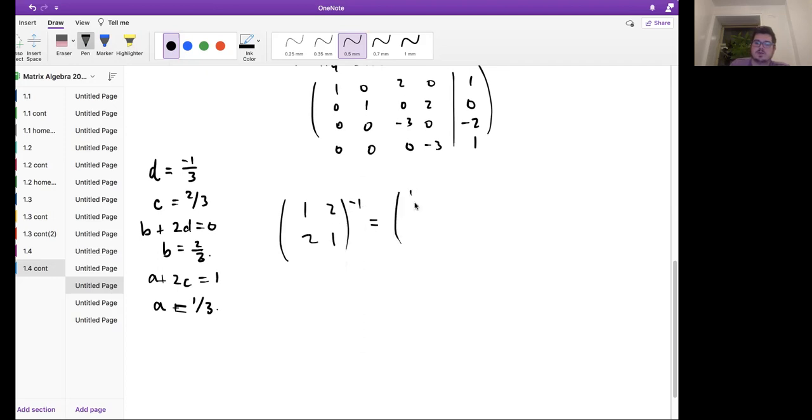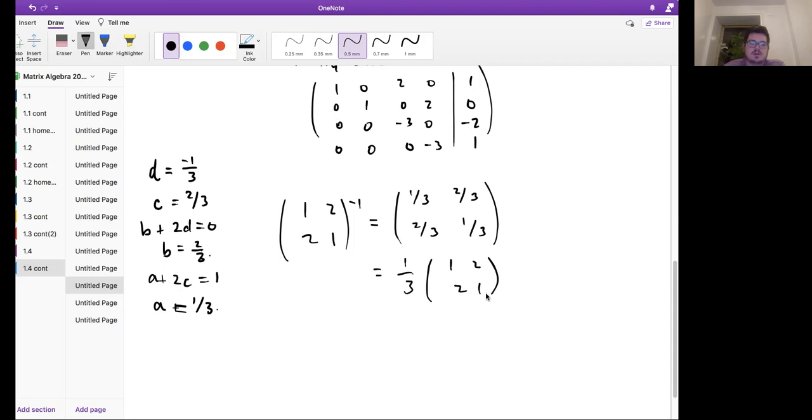It's equal to 1/3, 2/3, 2/3, 1/3. Right, that's it. And we could even factor out this 1/3. That's interesting that just multiplying it by 1/3 gives you the inverse.